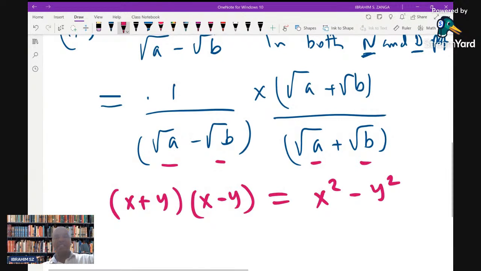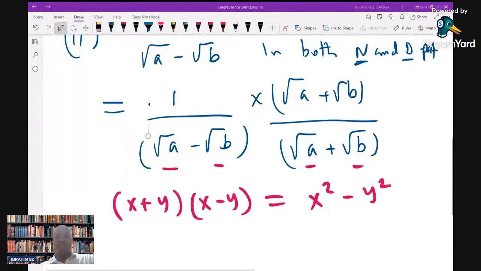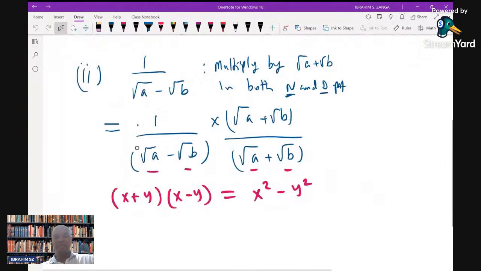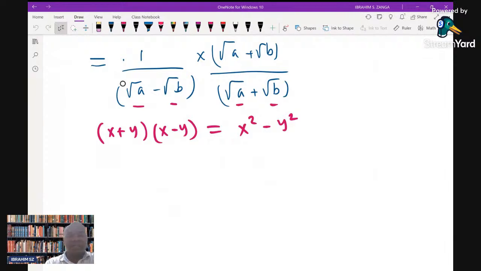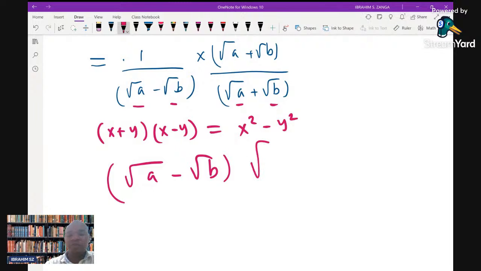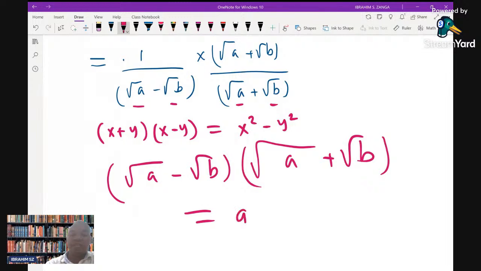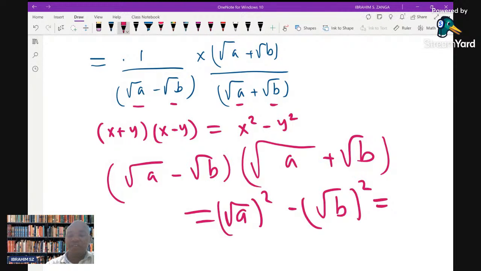So if that is the case, what we can do here, we can say that square root of a minus square root of b multiplied by square root of a plus square root of b, this one here can be written as square root of a squared minus square root of b squared, and the result will be a minus b.